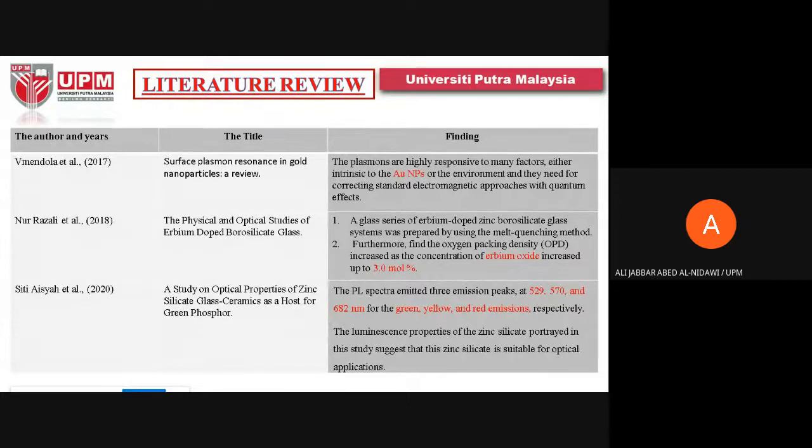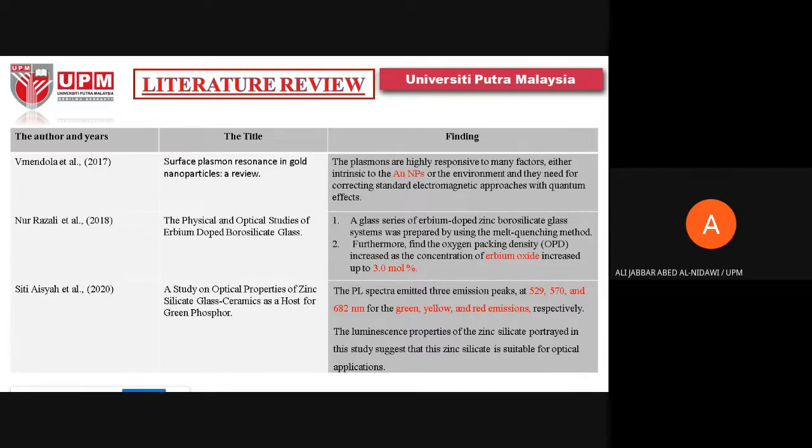Pimendola et al. 2017 studied surface plasmon resonance in gold nanoparticles as a review, finding the plasmon is highly responsive to many factors, including the gold nanoparticle environment, and that a correct understanding needs the electromagnetic approach together with the quantum effect.